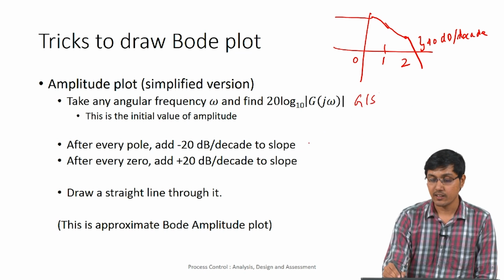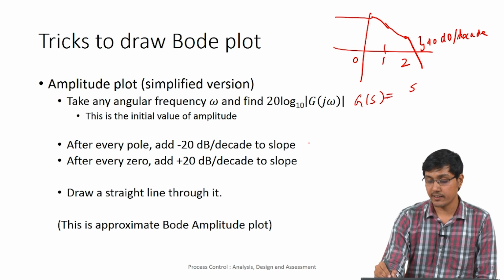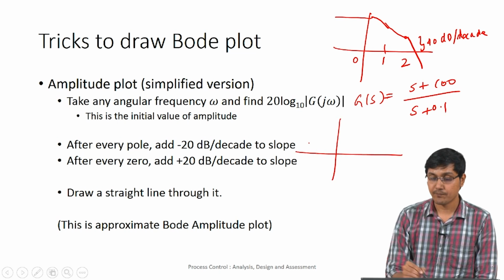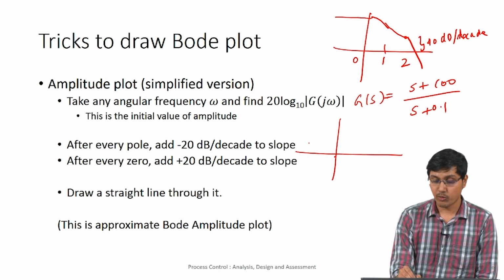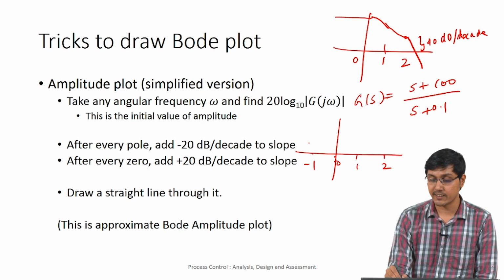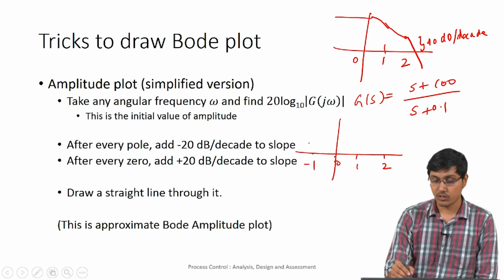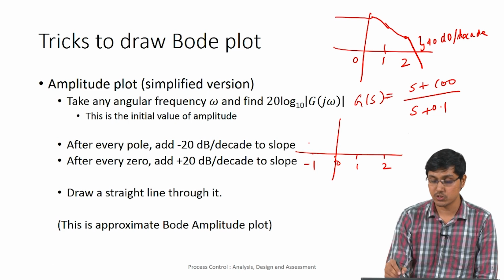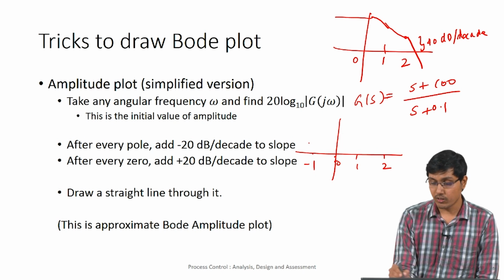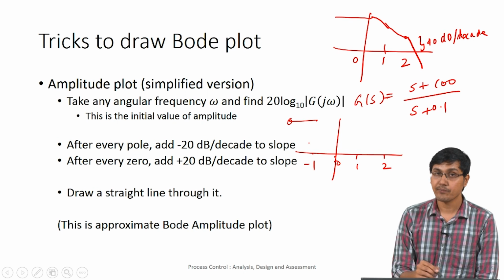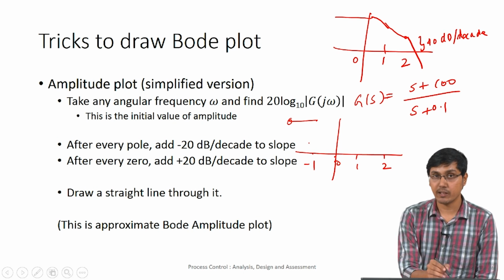Let us say g of s is nothing but s plus 100 by s plus 0.1. If you draw the Bode plot, 0.1 is nothing but -1, and 0, 1, 2 is where this 100 will come, because the logarithm to the base 10 of 100 is 2. Let us say we computed the value of g of j omega at a particular point before this.